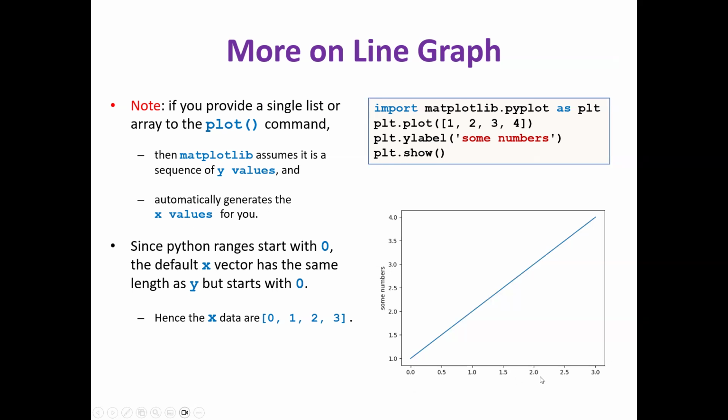Since Python ranges start with 0, the default X vector has the same length as Y, but it has to start from 0. Hence, X is 0, 1, 2, 3. So wait for a few seconds, or if you think we should run the code.